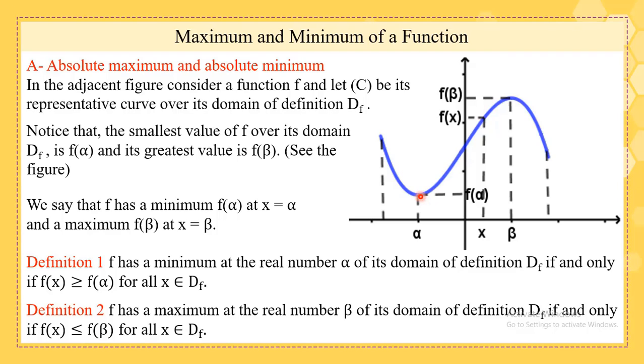So it's definitely going to be the minimum. The same for the maximum. F has a maximum at the real number beta of its domain of definition if and only if f of x is less than or equal to f of beta, since f of beta is the highest or the greatest value.